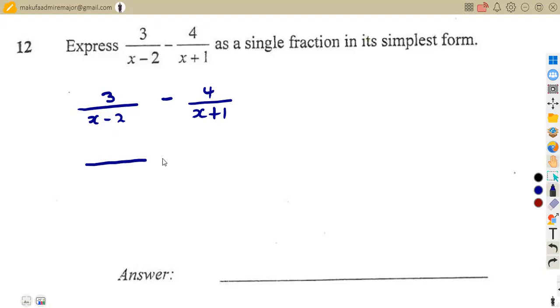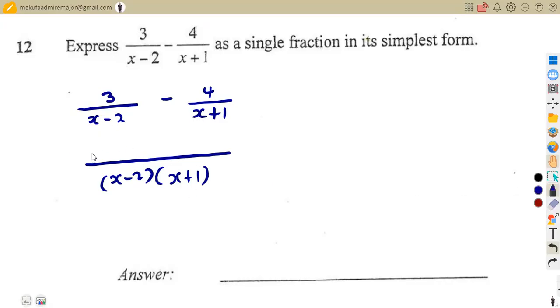Our common denominator in this case is going to be x minus 2 and also x plus 1. We just take everything as it is. We divide back our LCM by x minus 2. These cancel, you're supposed to see that this one and this one cancel. You remain with x plus 1.